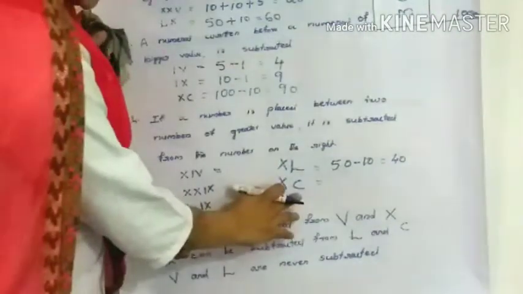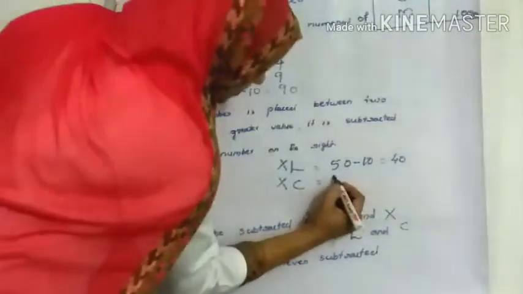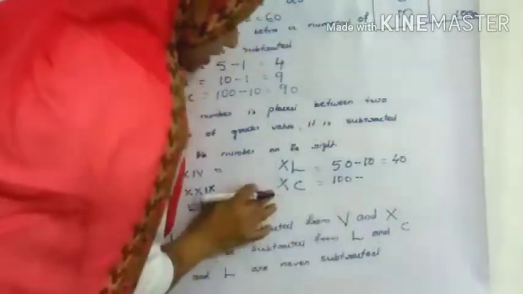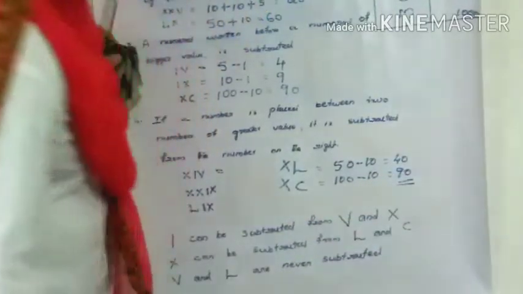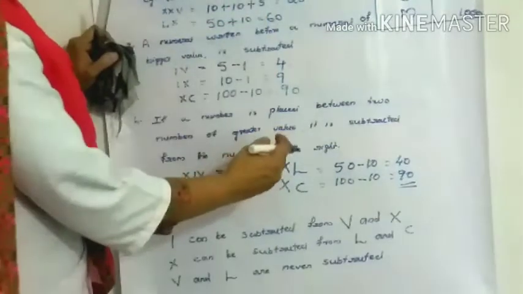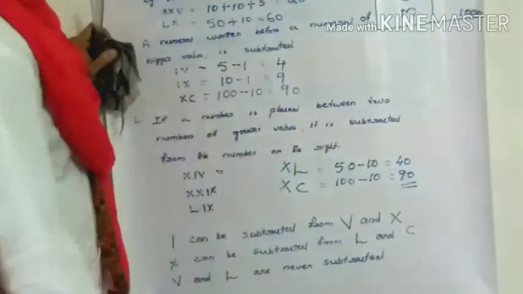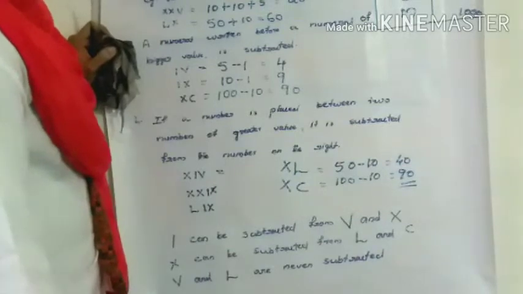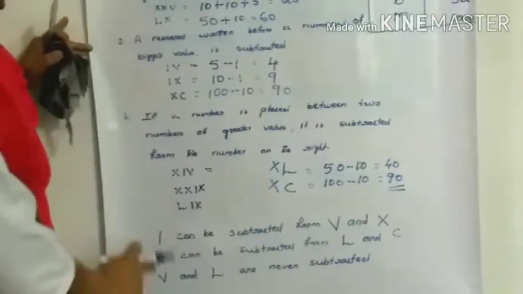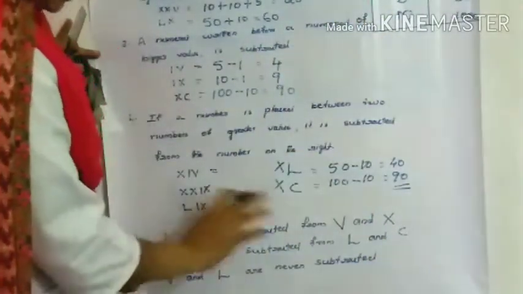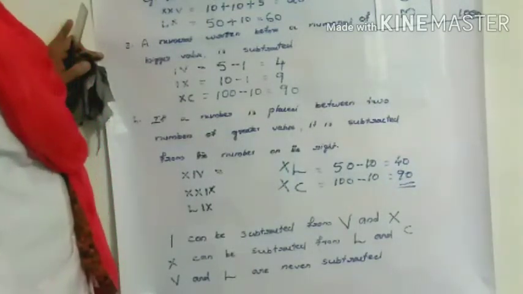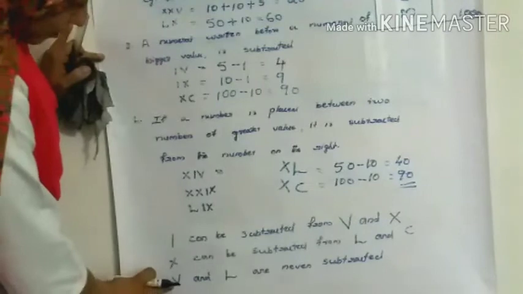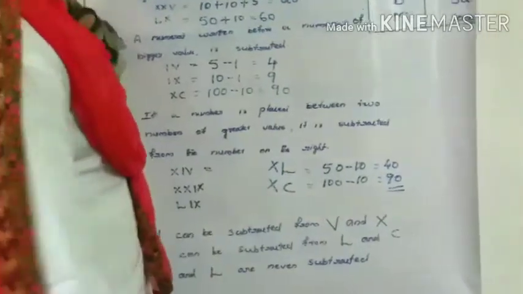C represents 100, so X before C is 100 minus 10, which is equal to 90. If we write it on the left side of a bigger value, we can subtract. So 1 can be subtracted from 5 and 10, and 10 can be subtracted from 50 and 100, that is L and C. Then V and L are never subtracted.